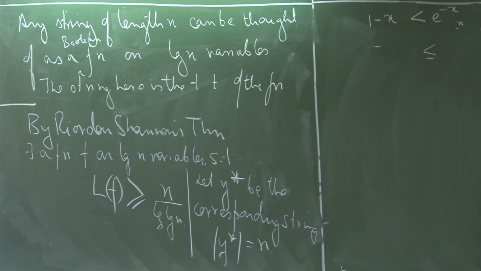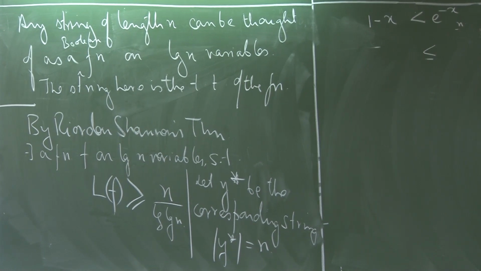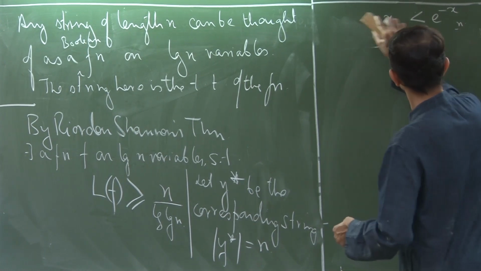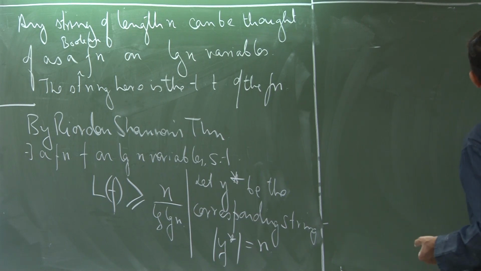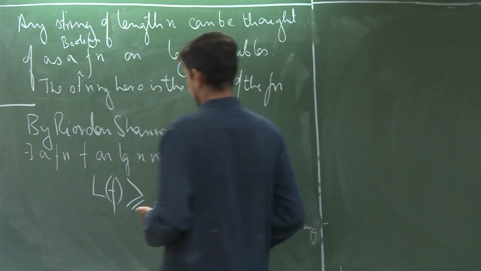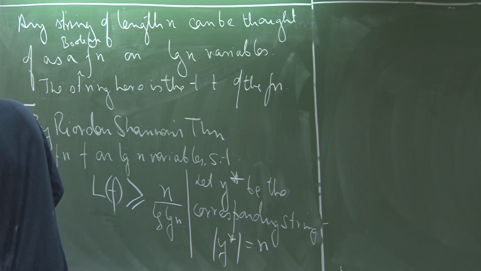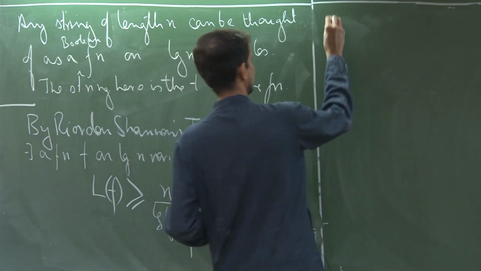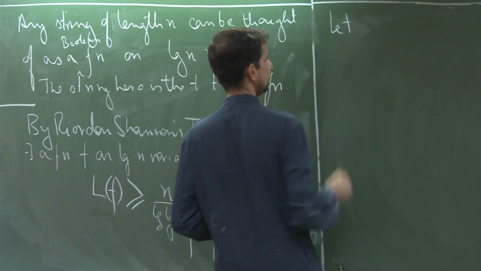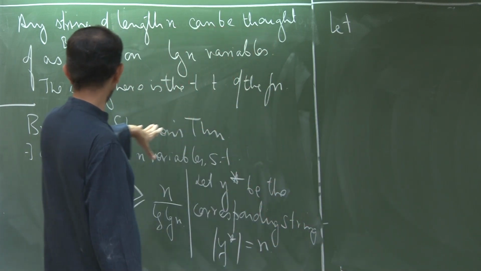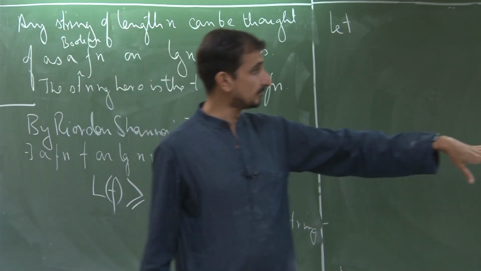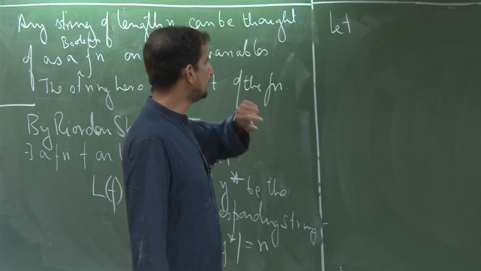Now, I will define another function. So, I had the Andreev function A n, which took 2 n bits as input.